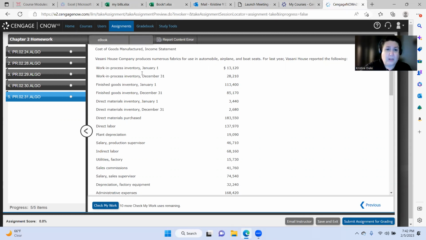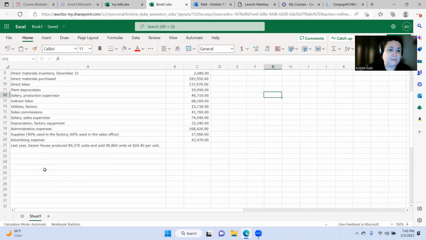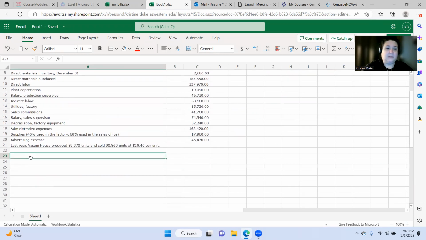So here is the information. What I did is I went ahead and downloaded it and threw it up here. And so I'm going to go ahead and just start, and we're going to start with the cost of goods manufactured. And I'm not going to be very specific because I just don't feel like it.